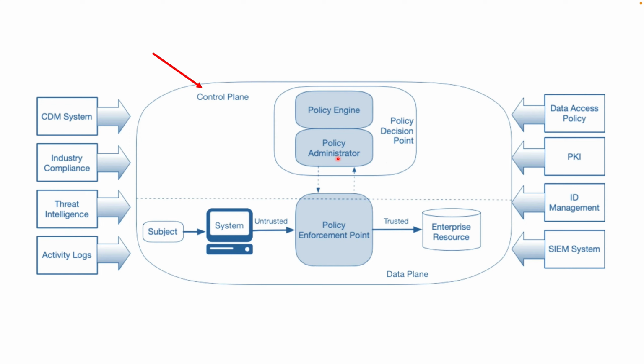For example, the control plane could be used by the PA and PE to set up the communication path between the subject and the enterprise resource. You can use all the resources and services here, as long as a path is established.